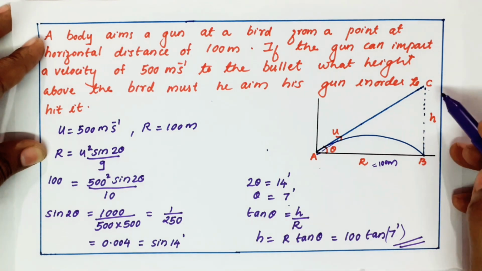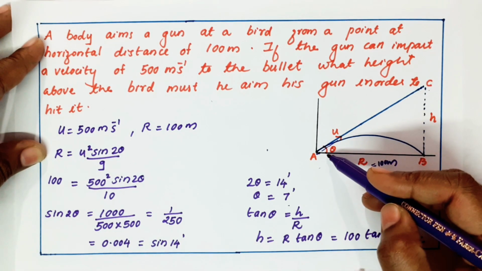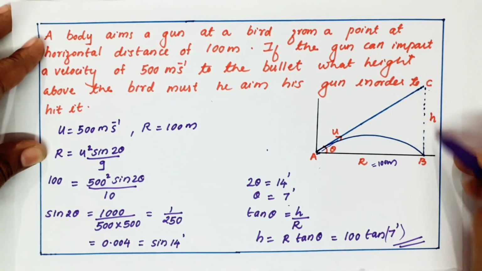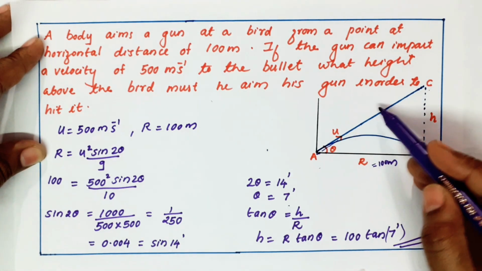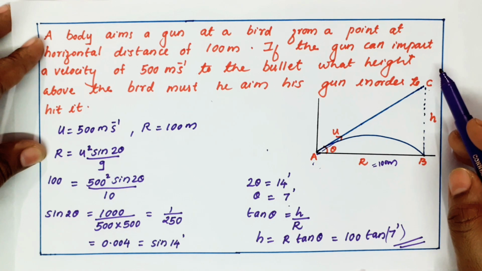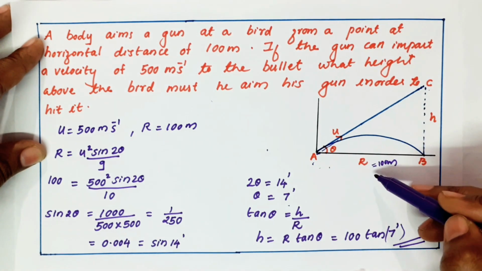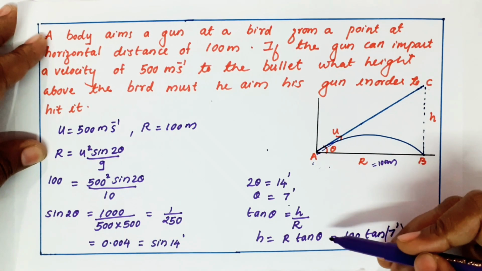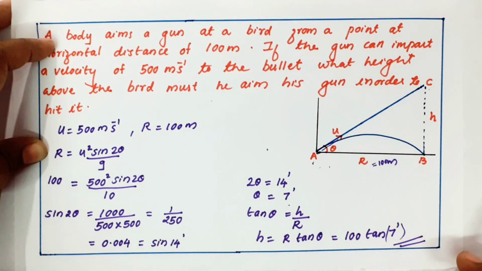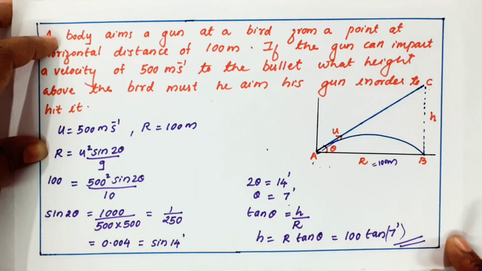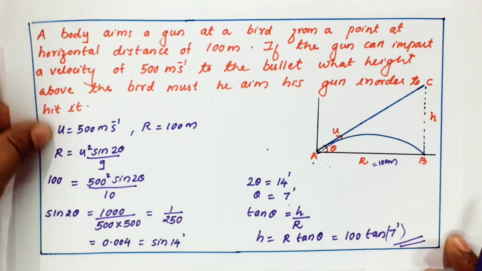After getting theta, you know h and r, so how to find it out? Tan theta is equal to, according to simple triangle law, opposite side by adjacent side. That is h by r. That is h equals r tan theta, or we can write 100 tan inverse of 7 minutes.